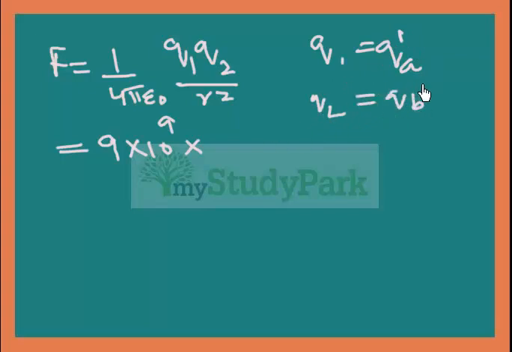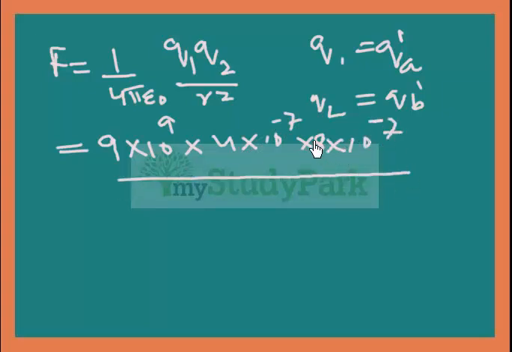New values are given by 4 × 10^-7 and 6 × 10^-7, and the distance R was given by 0.5.